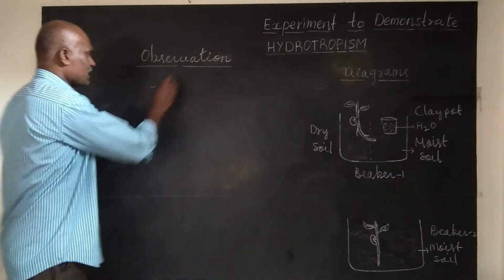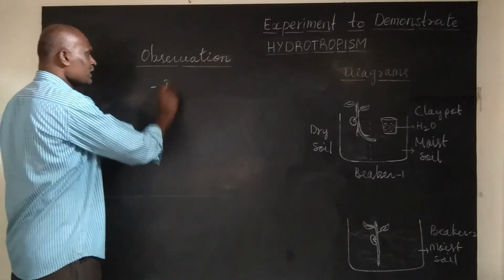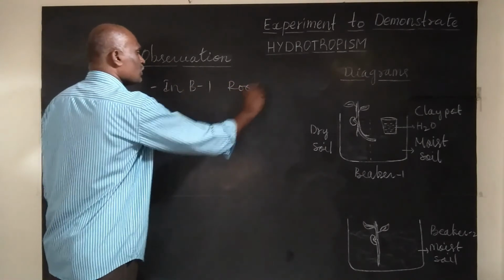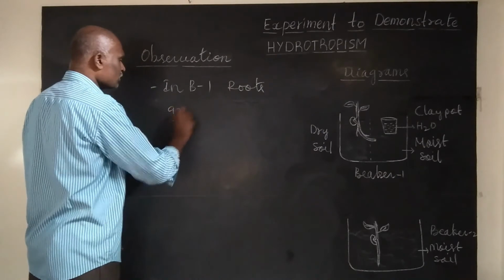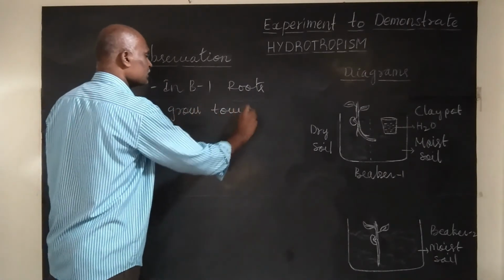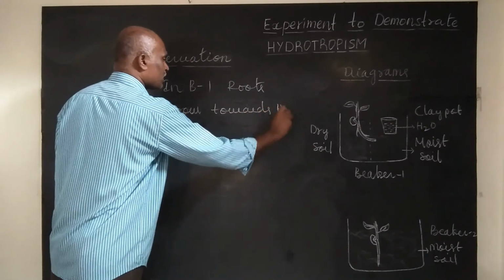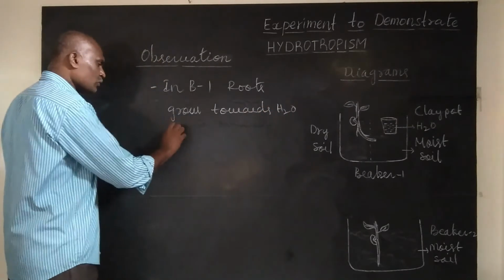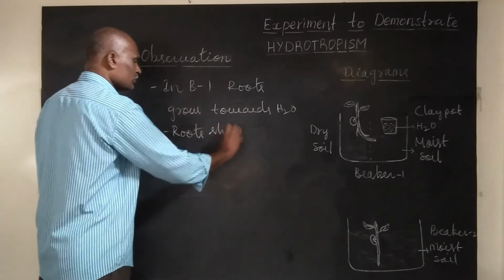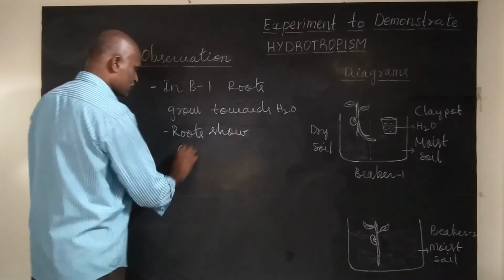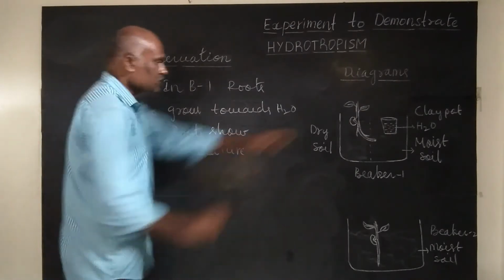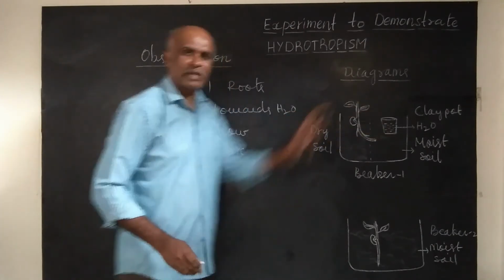And the observation, let us write. In beaker 1, roots grow towards water, and roots show curvature. Curvature means roots bend towards moist soil.